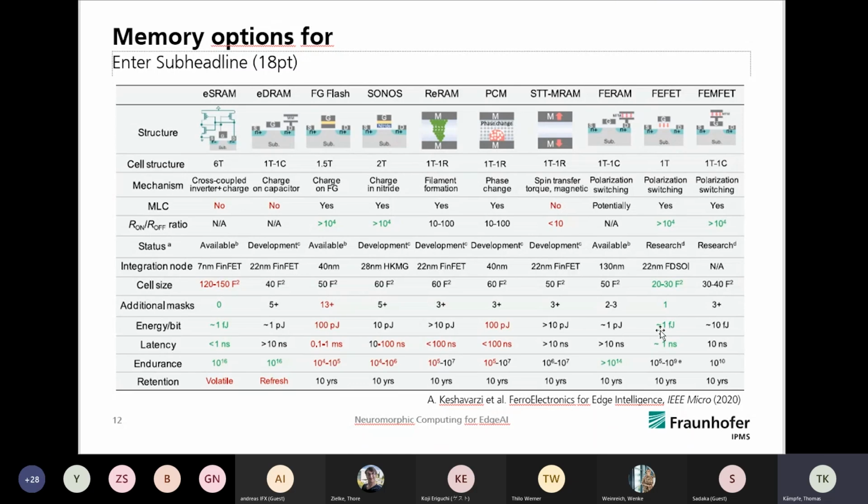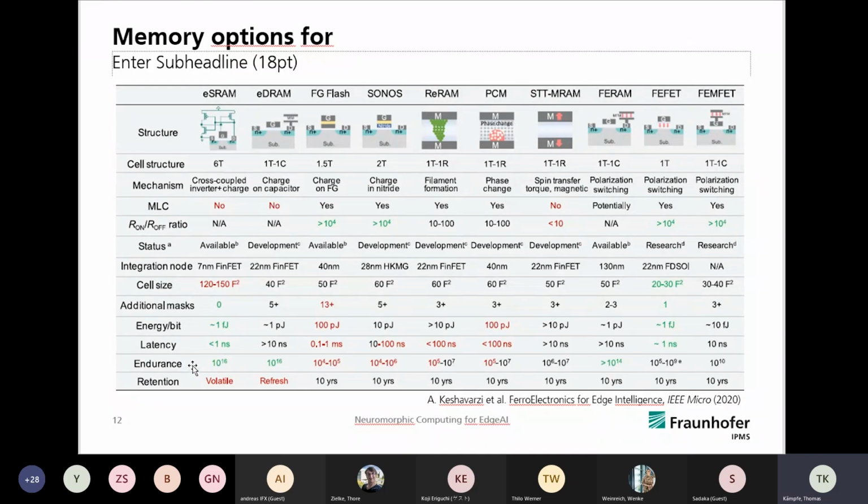So for SRAM, and as well FeFET, we have latencies which go into the nanosecond region, which means it's possible to read out the state at up to gigahertz rates, whereas a lot of other memory cells have much lower speed. For example, in the case of floating gate flash, you can only read it out in the millisecond range, which makes it, energy consumption-wise, quite difficult to be used.